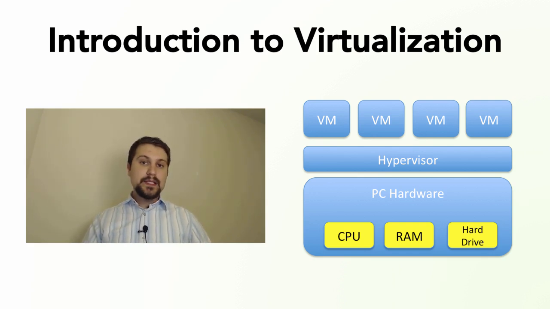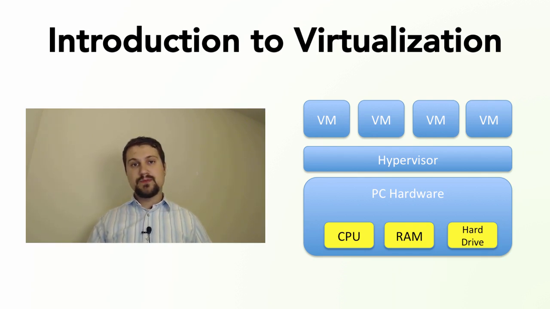Now on top of that PC hardware sits the hypervisor. The hypervisor is a small piece of software that allows it to share those resources, share the CPU, the RAM, the hard drive, with the VMs that it's controlling.